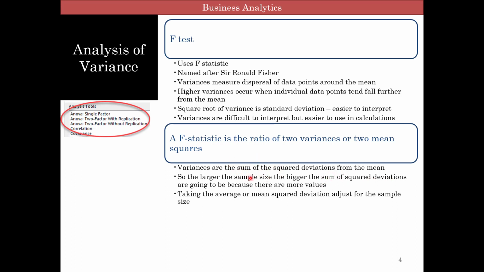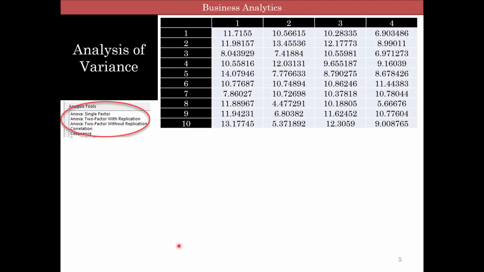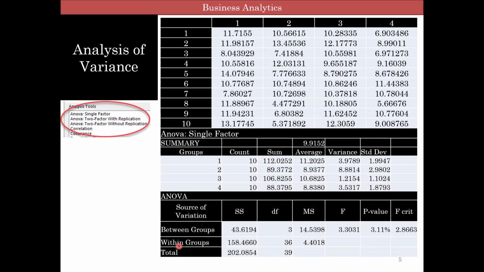Because when you're adding up these values, the more your sample size, there are just going to be more values, and therefore you're going to have more squared deviation. So taking the average or mean squared deviation adjusts for this sample size, and that's why we take the mean squared deviation. Now, these f-tests are surprisingly flexible because you can include different variances in the ratio to test a wide variety of properties.